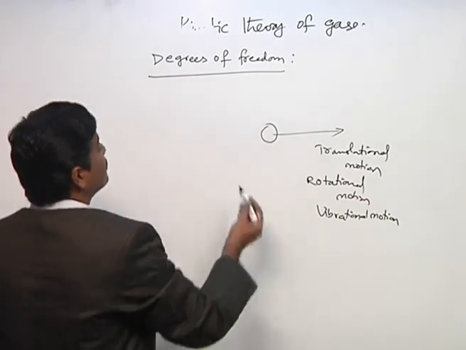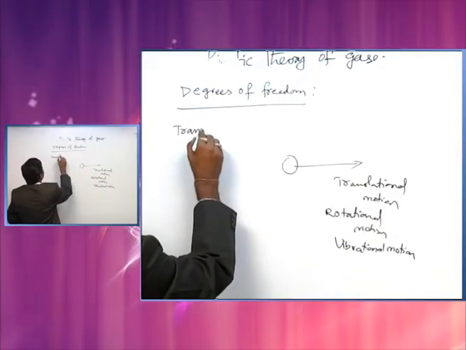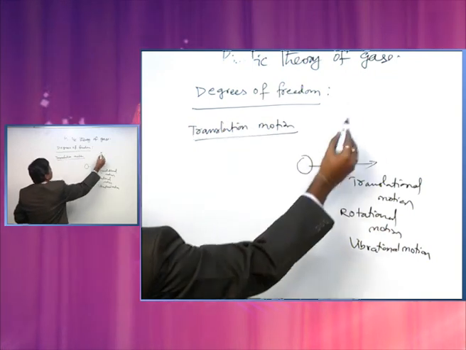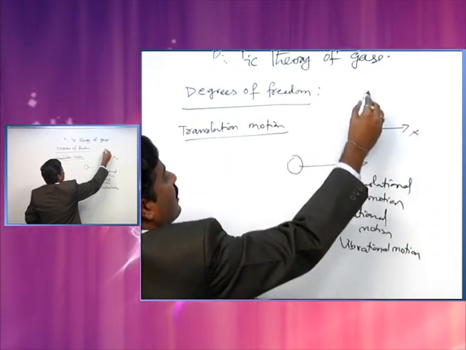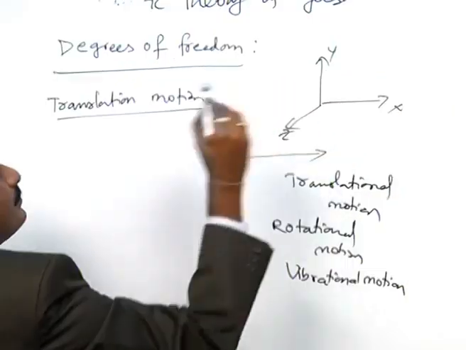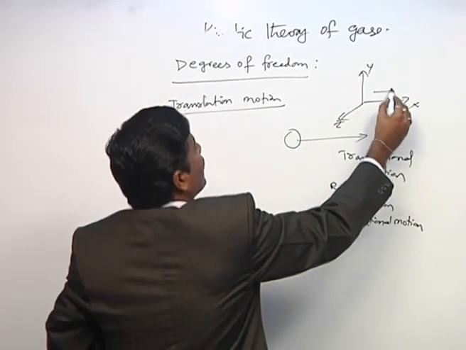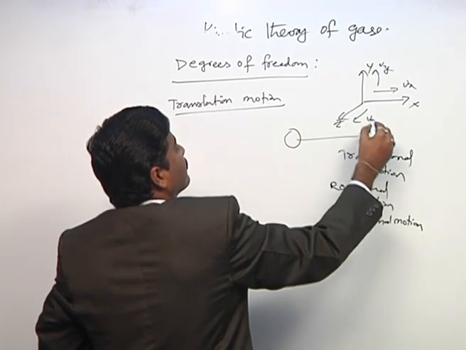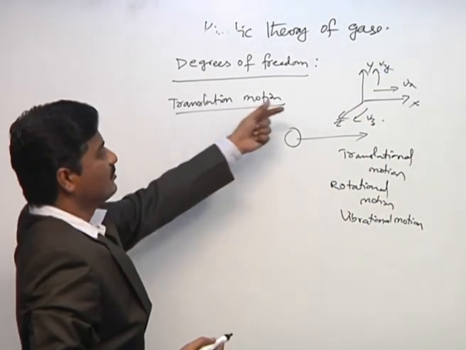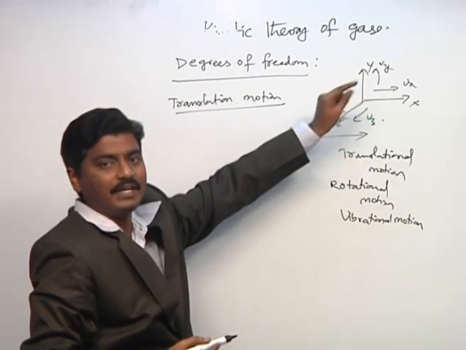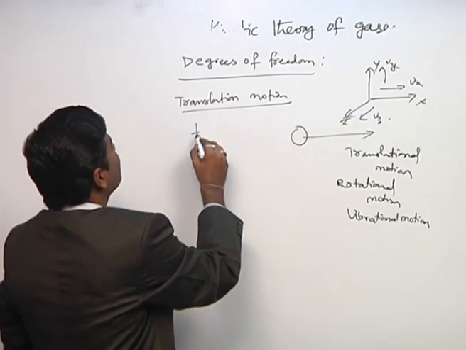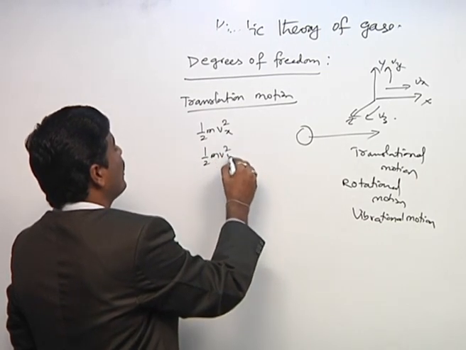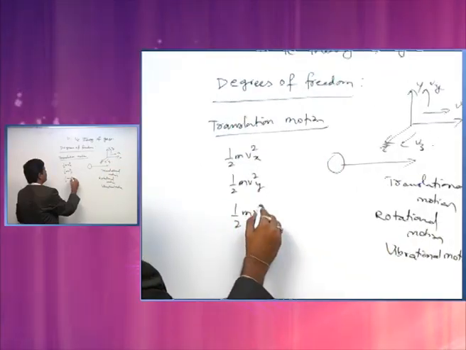Here, if you observe the translational motion, let us take the coordinate axes x, y and z. The molecule may move along the x axis, along the y axis and along the z axis. The energy terms corresponding to these velocities are the kinetic energies: one along the x axis, (1/2)mv_x squared, then (1/2)mv_y squared and (1/2)mv_z squared.